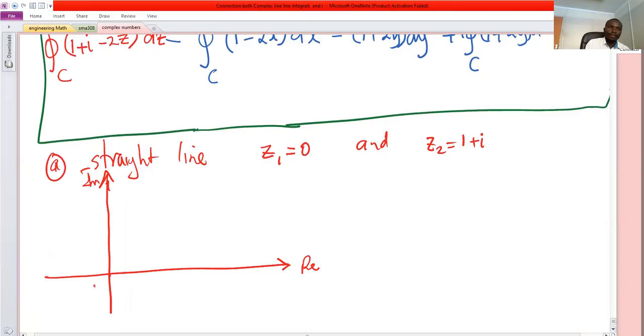So this is 0, and the point 1 + i is this point here, with coordinate (1, 1). So this is z2, which is 1 + i, but the coordinate is just (1, 1). So this is the line joining these two points.